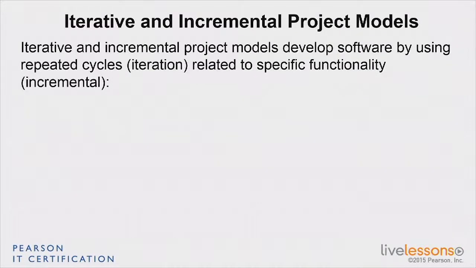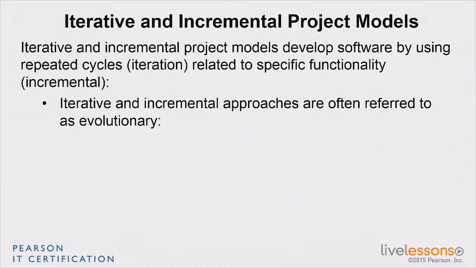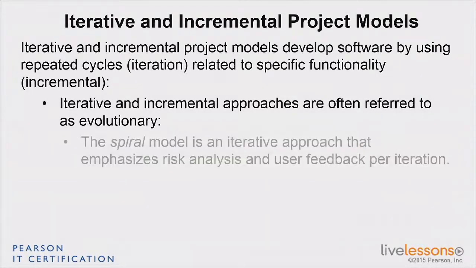Iterative and incremental project models develop software using repeated cycles, which is our iteration, related to specific functionality, which is incremental. So think of it as developing code in chunks, and those chunks use repeated cycles, iteration, for each different type of increment. Iterative and incremental approaches are often referred to as evolutionary.